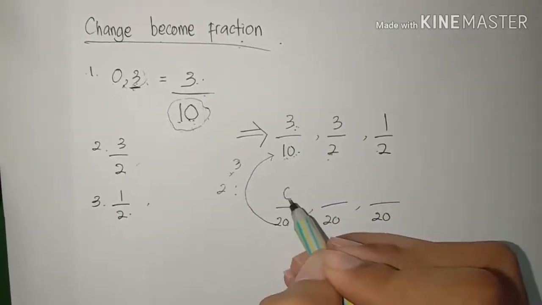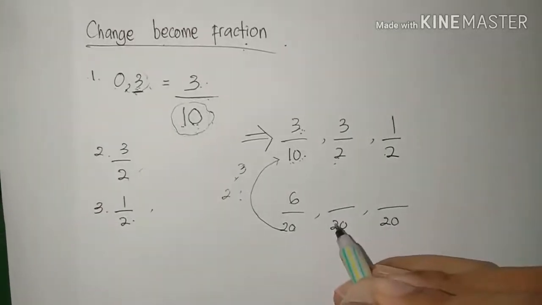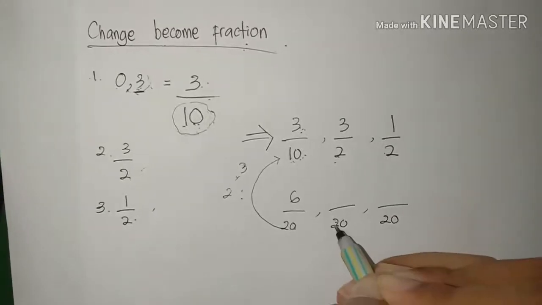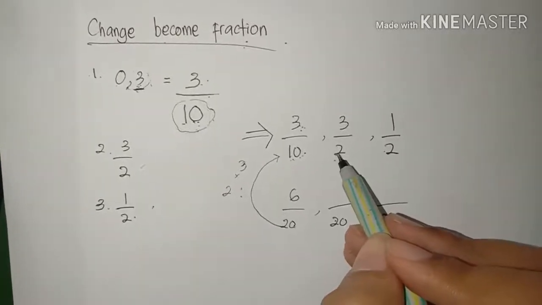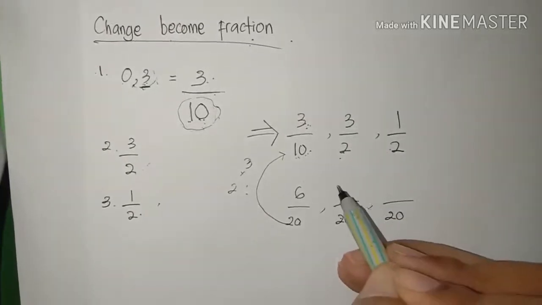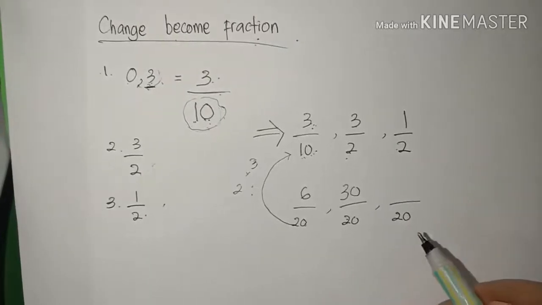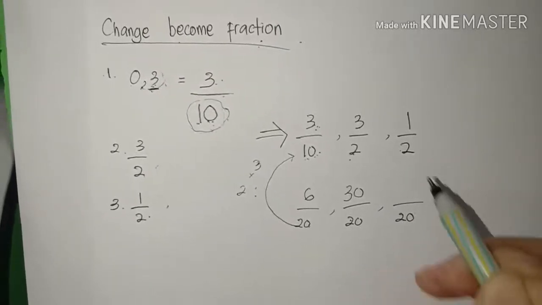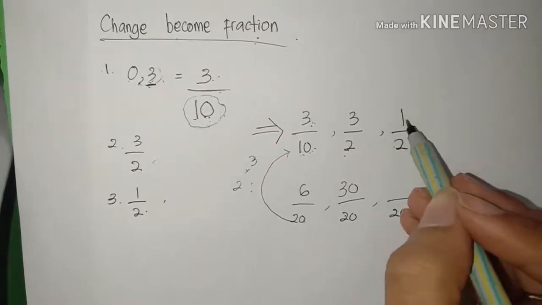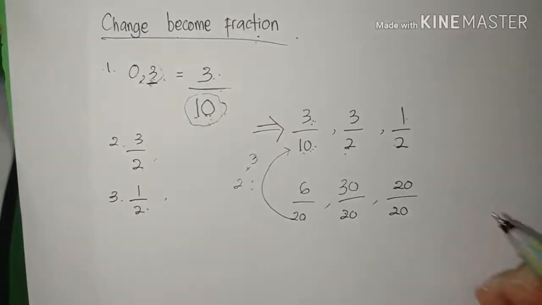You can write it here. Same way in the second and third patterns. 20 divided by 2 is 10, and then 10 times 3, so write 30. Next, 20 divided by 2 is 10, and 10 times 1, so the result is 10.